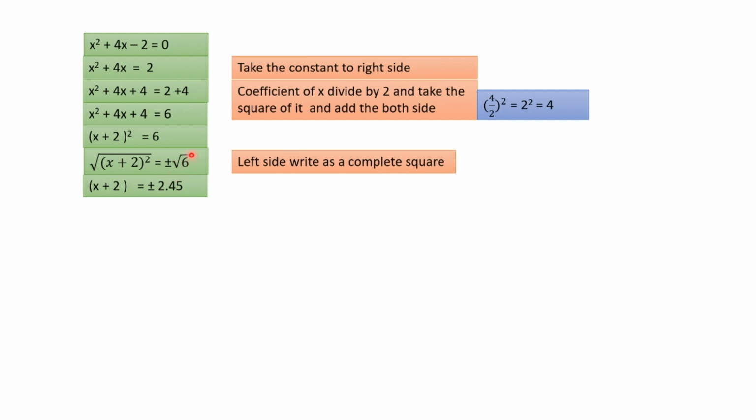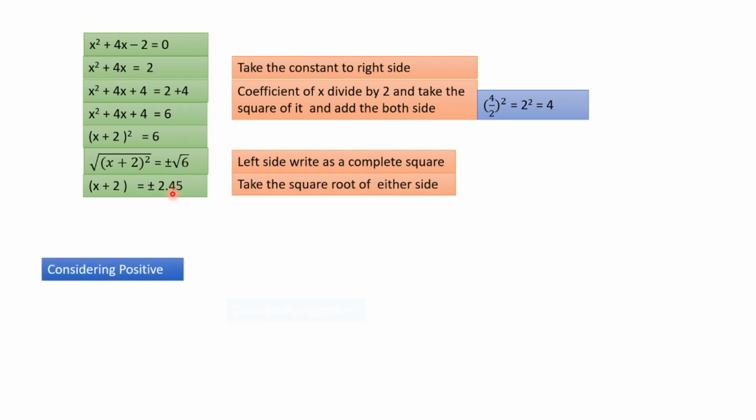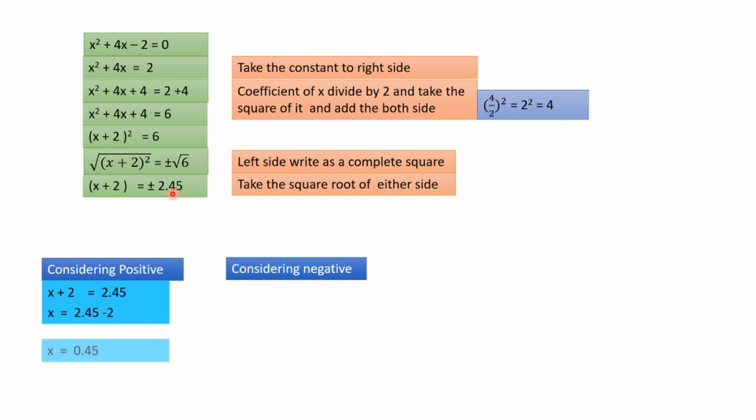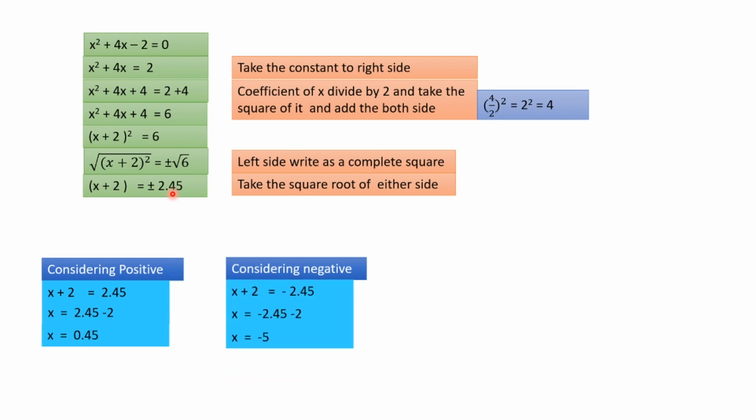Take the square root of 6 as 2.45046. So you have to substitute that value and then, considering the positive, you can solve the answer. Okay, so you can pause this part also and refer. Then if you have any doubt you can send me a message through WhatsApp.